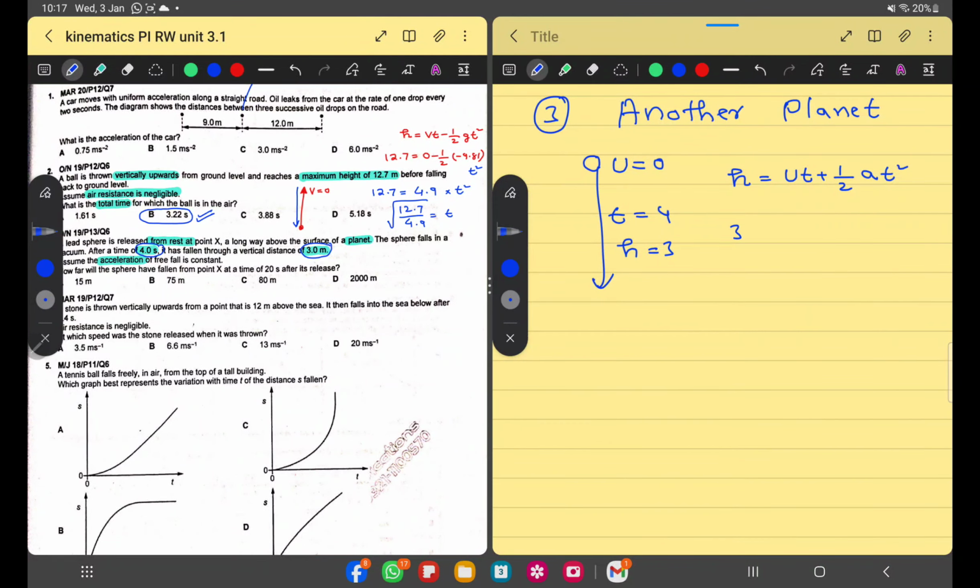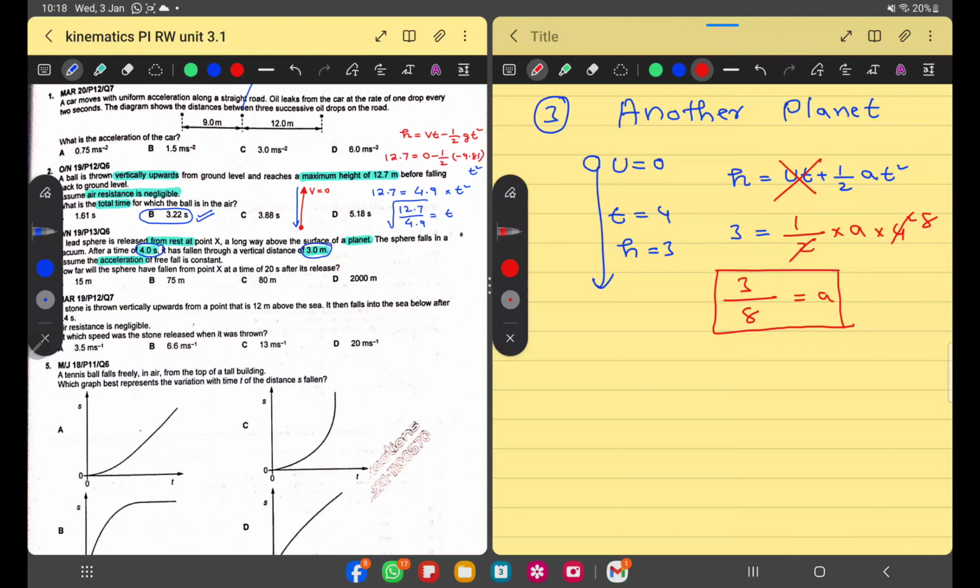Height is 3 meter, initial velocity is 0, acceleration we have to calculate, time is 4 seconds. So 3 upon 2 into 16, and acceleration is 3 upon 8. This is the acceleration due to gravity on another planet. It is not on Earth.